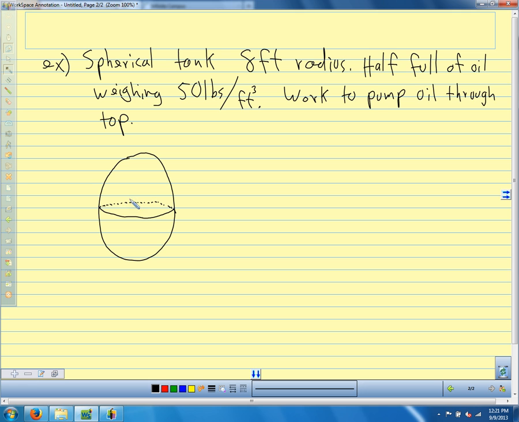So from the top to the bottom of the tank, we have 16 feet. I'm going to leave my units off here. What I'm going to do is set the y-axis through the center of the tank. And I'm going to set my x-axis along here. So we need to draw a picture, we need to define a coordinate system.